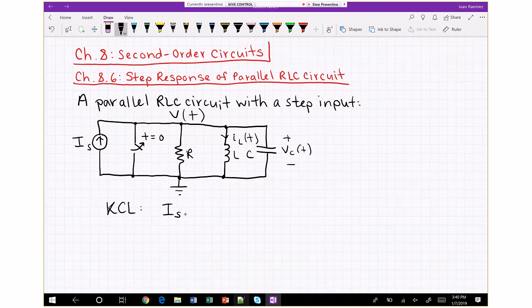Now KCL will have one current going into the node, which is Is, and the rest of the currents are leaving the node, which are the voltage v(t) over R, plus i, which is the inductor current, plus the capacitor current, which is C dv/dt.